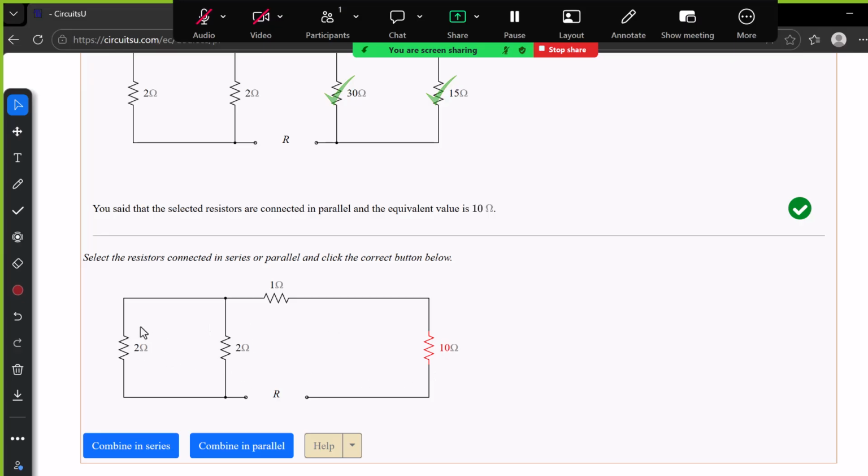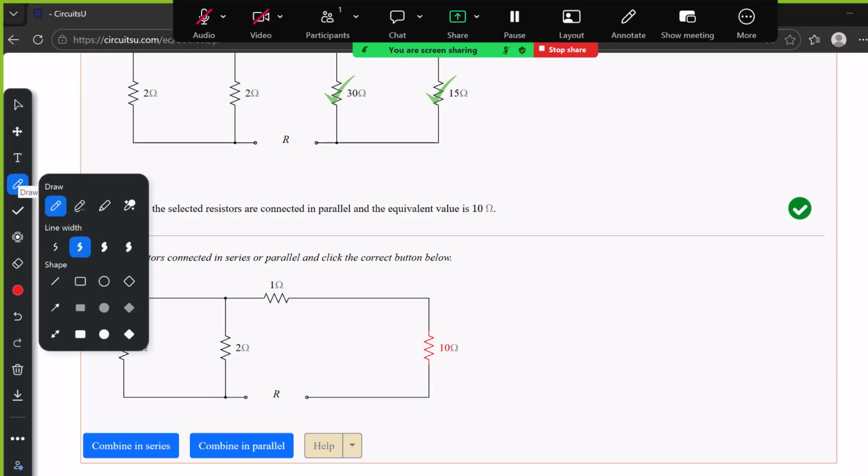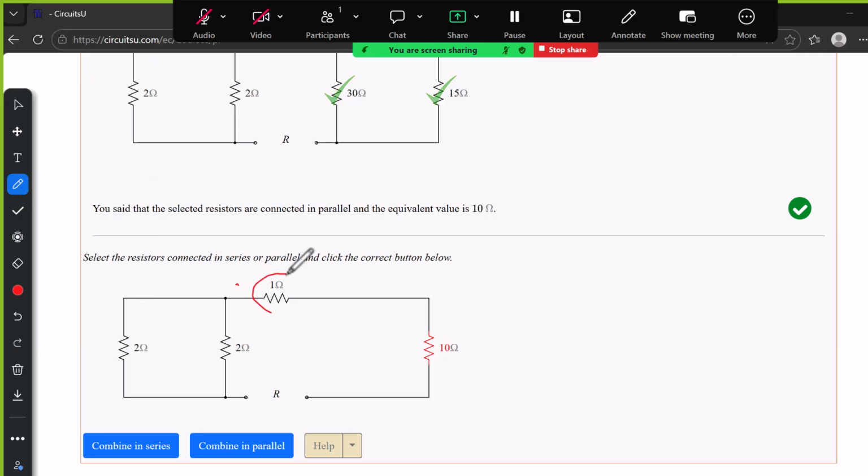Then let's go to the left side. We know that these two are in series, so we can combine them also, right? Of these two terminals, only one of them is shared. The other one is not shared among them, so it's series. We can go that way, or I will just combine these two in parallel.